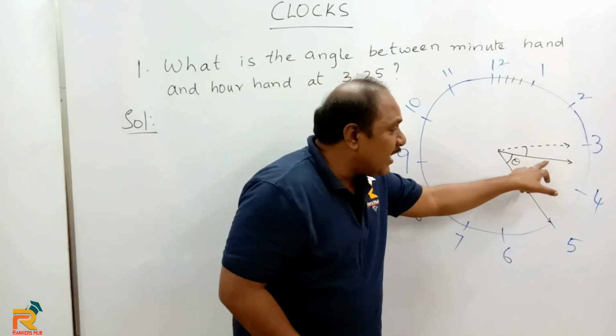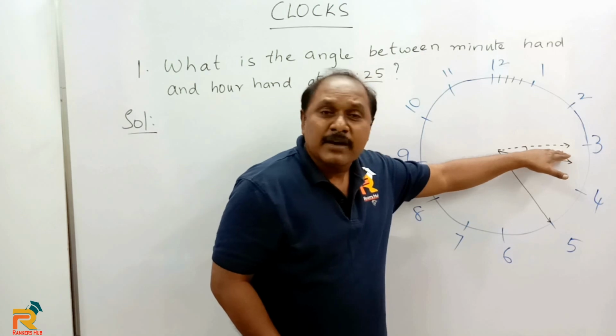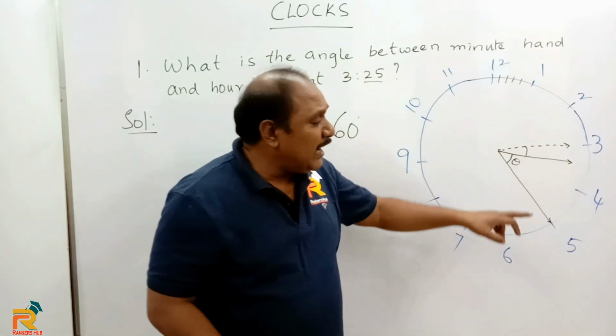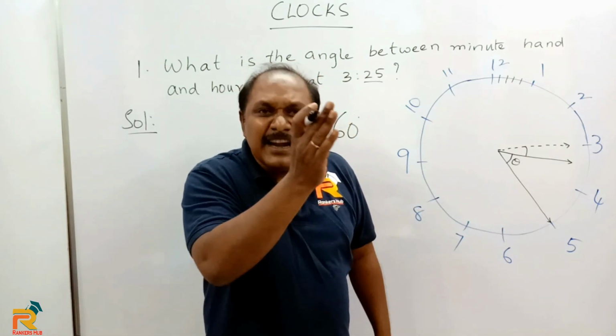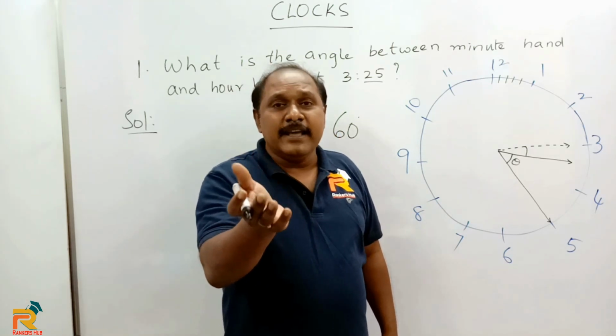But why is it here? Exactly at 3 o'clock, the hour hand should be exactly at 3. But why is it here? Because after 3 o'clock, 25 minutes have passed. So definitely in that 25 minutes, the hour hand will be moving through some angle. By how many degrees?